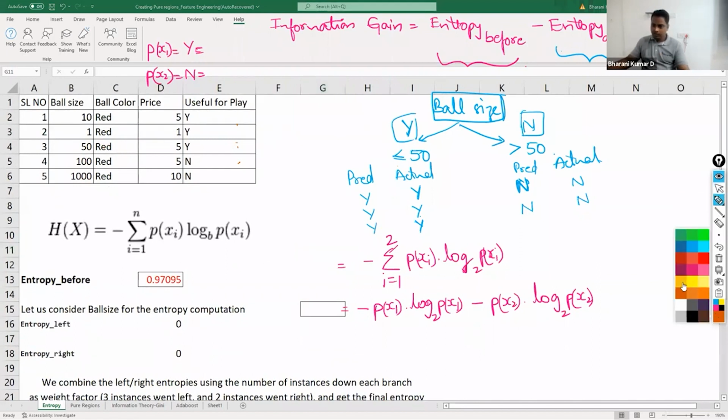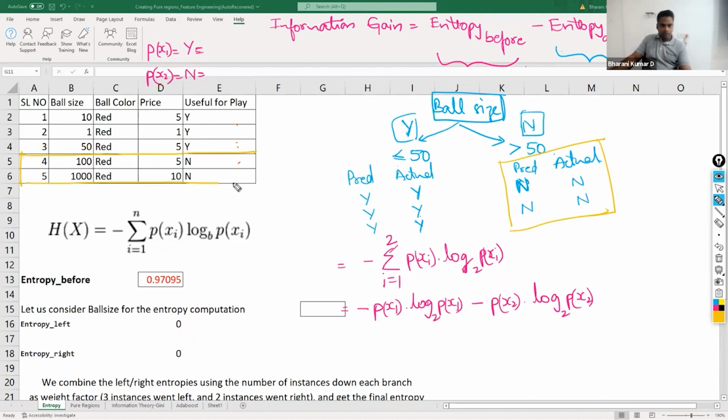What is the right side? This happens to be the right side. Left, right. Okay. Here you have greater than 50. So you need to choose only those where you have greater than 50. Is 100 greater than 50? Yes. 1000 also greater than 50. So only these two entries you select.